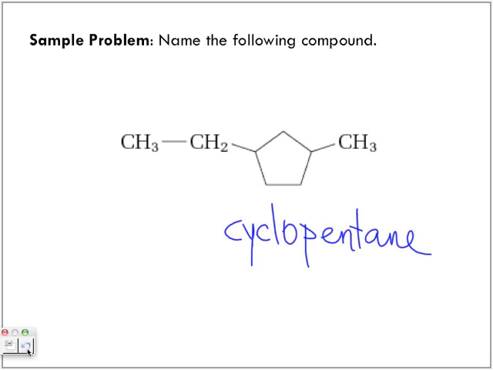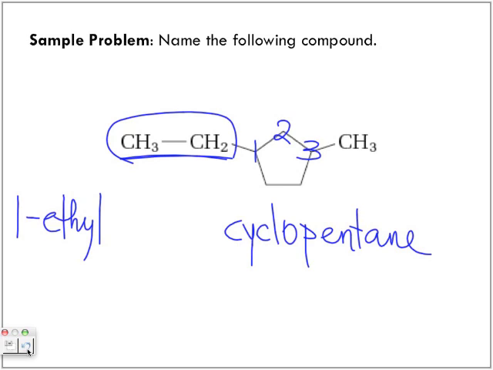So we've got this carbon here, this ethyl group, which will be the number 1 carbon, the number 2 carbon, and the number 3 carbon. On the 1 carbon, we've got a 1-ethyl group. On the 3 carbon, we've got our methyl, and it's a methyl cyclopentane.